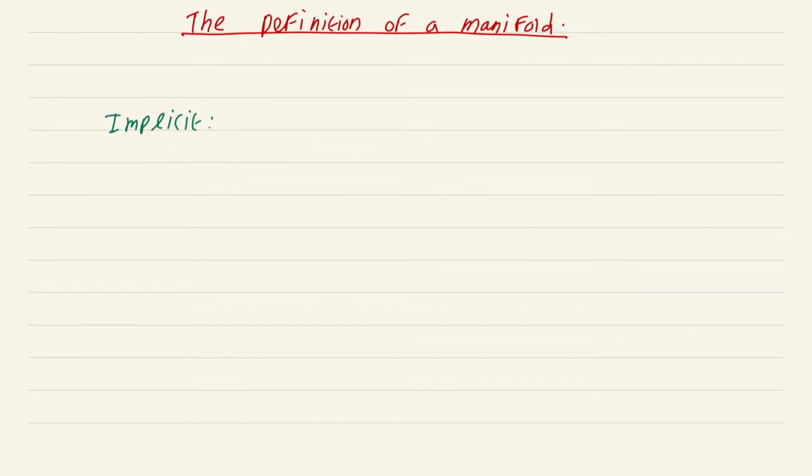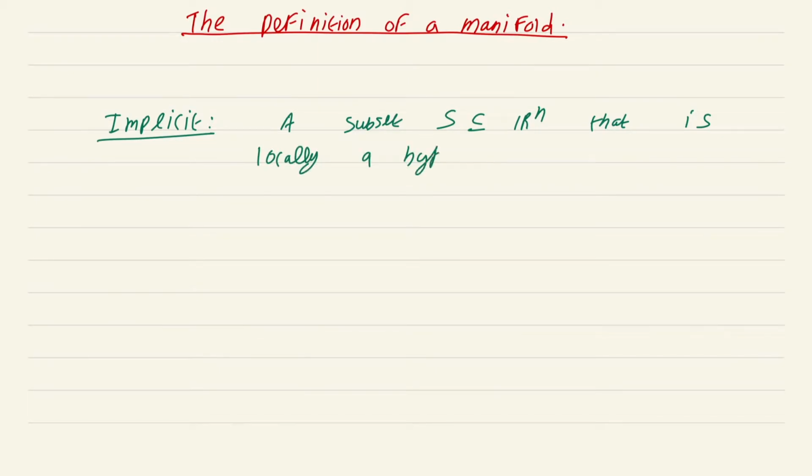So we have an implicit notion of manifold, which is a subset S of Rn that is locally a hypersurface. So this is a subset which need not be globally defined by one single function, but in the vicinity of any point of S, we should be able to find a function whose level hypersurface is going to be exactly this set.